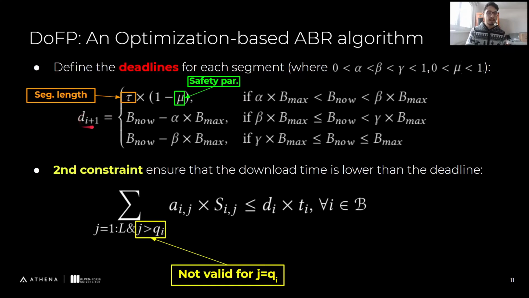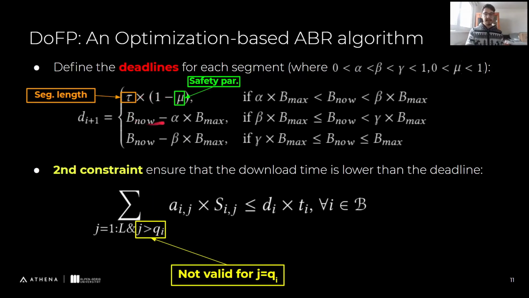And for the next segment, we define different values with respect to the zone that the buffer level is within. So if the buffer level is in a dangerous zone, here we can see the first zone, the deadline for the next segment will be the segment length times a sort of weight, which could be 0.9 as the safety parameter, could be 0.1, for example.